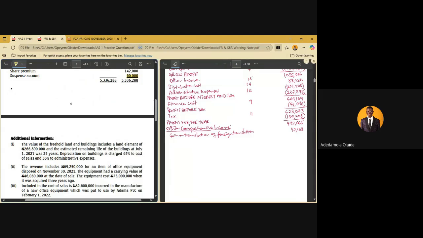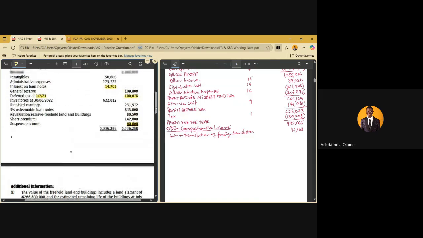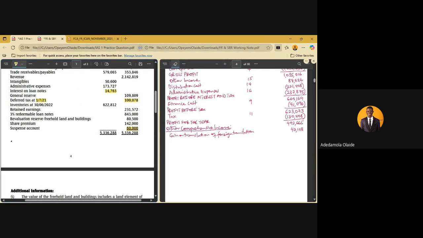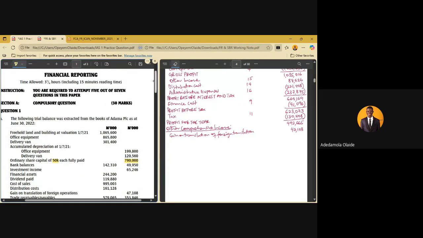So we'll treat that revaluation reserve as one that has existed since the beginning of the year, because at the beginning they told us this freehold land and building is at valuation. That means they valued it at the beginning of the year. And remember, SOPL only reports what transpired during the year. So their gain for last year cannot come into the SOPL. But with this, what is our total comprehensive income?